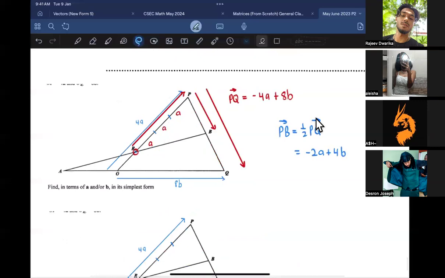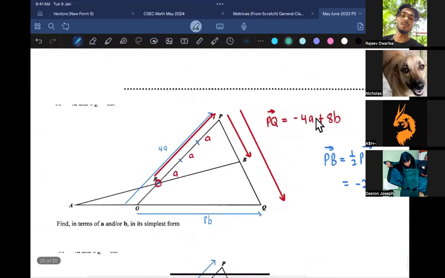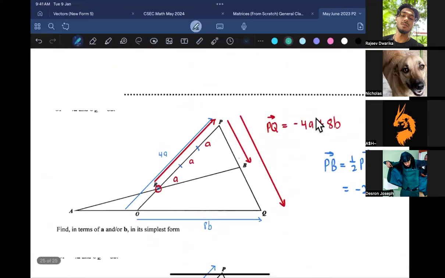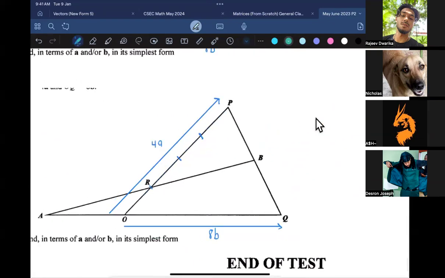Over here I went from R to P and then P to B. Is that the only way I could have gone from R to B? What was the other way? You go all the way around from R to O to Q and then to B. Yes, and this is equally correct.